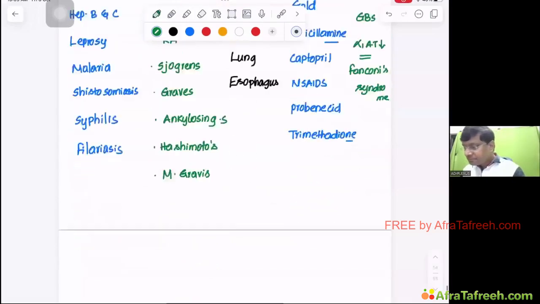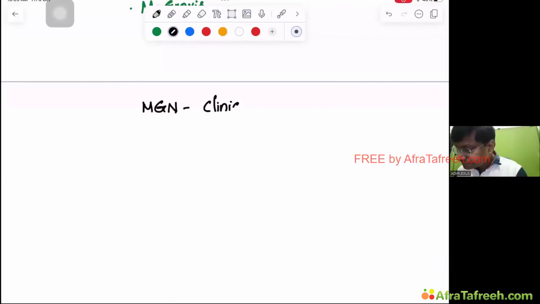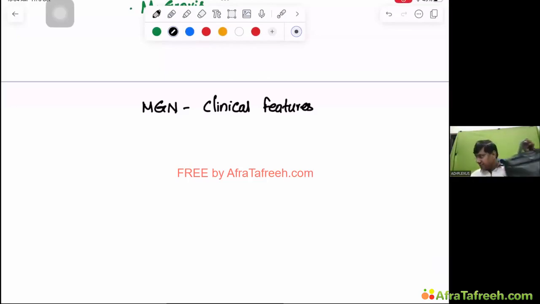Okay. Now, coming to the clinical features that you will have in patients with membranous glomerulonephritis. Some of them remain asymptomatic, but those individuals who are symptomatic, what do they develop?